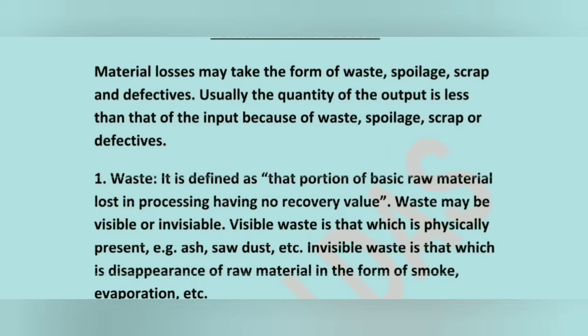Out of 500 liters, there is only 495 liters. 5 liters have been evaporated. We did not even introduce the raw material in the process. Before that, my raw material got spoiled.